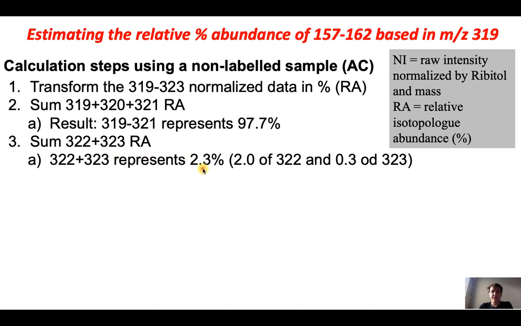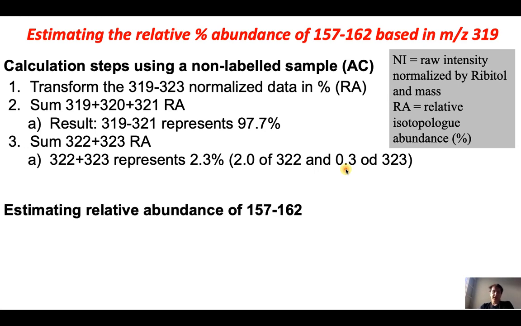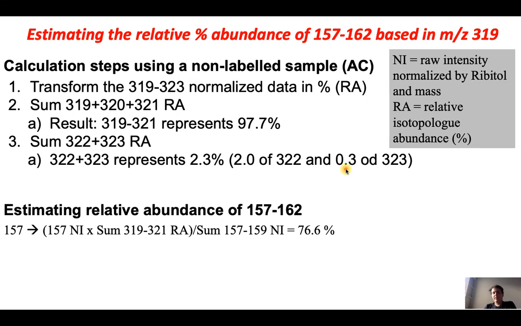In total, it's 2.3%: 2% of M3 and 0.3% of M4. And then with this information in hand, we started to estimate the enrichment, the relative abundance of 160 and 161 of this fragment.